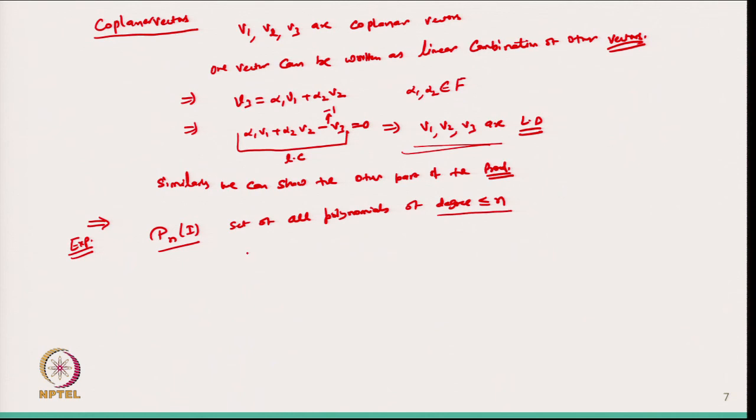From here I just take one set of polynomials, that is x square minus 1, x plus 1, x minus 1. So, this is the set I am taking here. Now, x belongs to I, some interval, you can just take some interval a b.